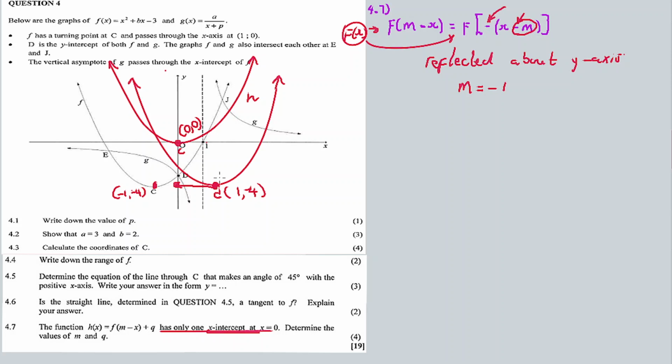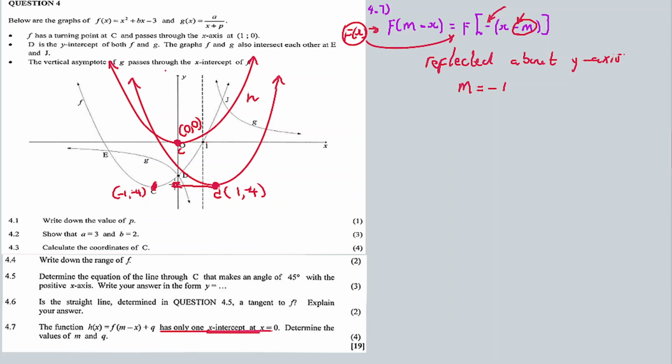Remember, the C and this C are the same turning point, right? So this turning point, this turning point, they are like the same turning points. So this C must come from here. So by subtracting 1 from x, so I need to subtract x by 1 so that it becomes 0.